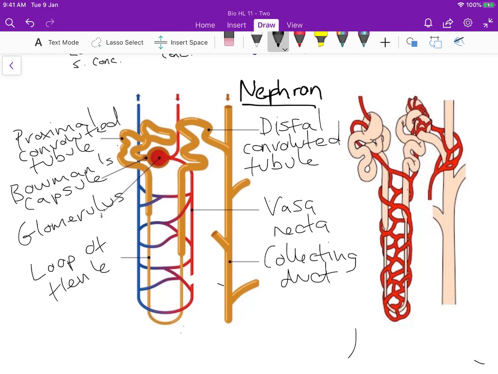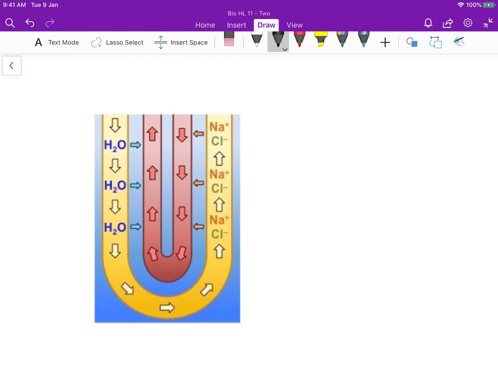And the whole structure of the nephron is surrounded by the vasa recta, which are blood vessels to collect the absorbed material. Okay, so arriving into the loop of Henle is the filtrate.